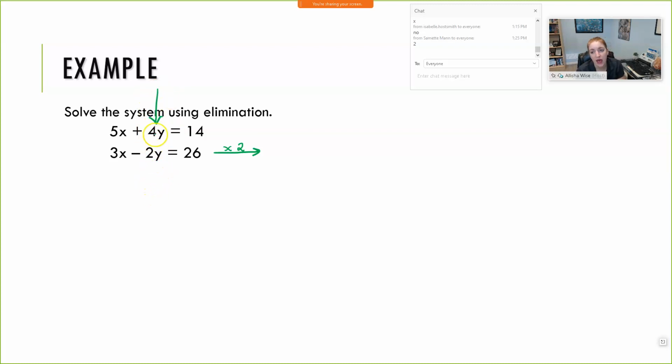I'm going to do that by multiplying this second equation by 2. Now, when you multiply an equation by 2, you have to multiply every single thing. So 3x times 2 is 6x. Negative 2y times 2 is negative 4y. And 26 times 2 is what? 52.